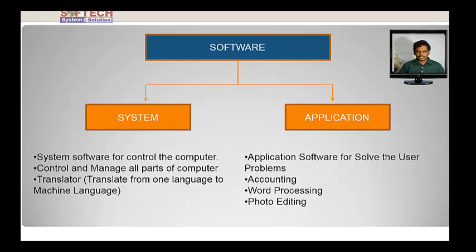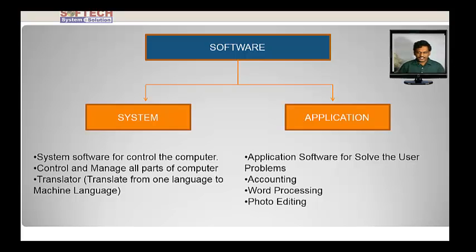Then only it functions. Application software solves the user requirements like accounting, word processing, photo editing. These are all user requirements. So application software helps the human, that is the user. System software helps the system, the computer system.